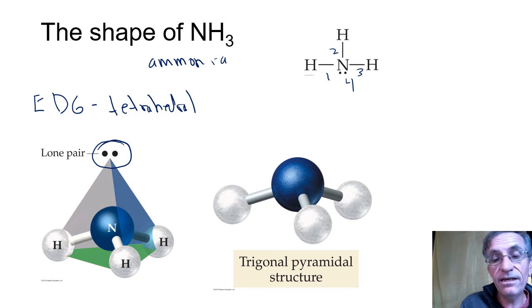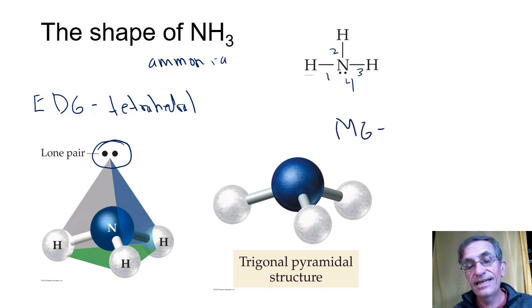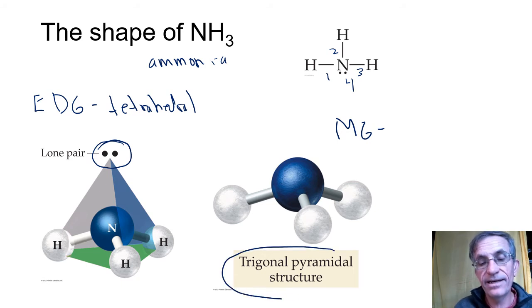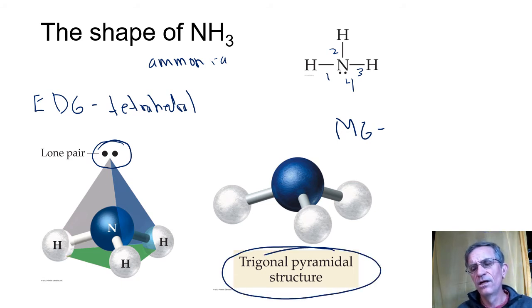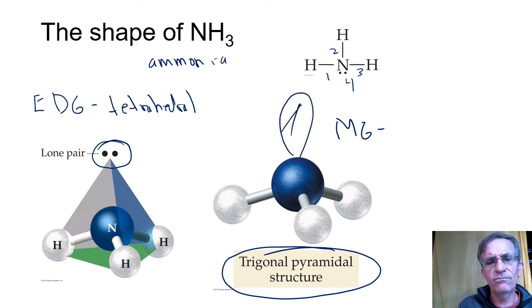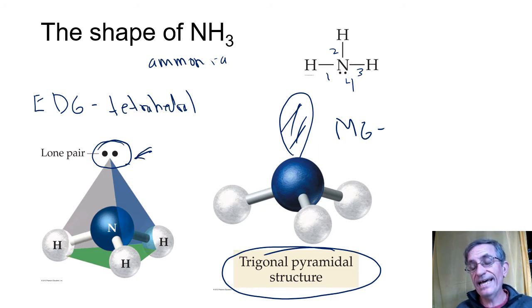The molecular geometry, which is what we call the shape the atoms are making, is called trigonal pyramidal. Trigonal pyramidal. So the 4th corner of the pyramid is a lone pair. That's why it has a different name. So there would be a lone pair up here. Well, you can see it in this diagram right over here, can't you? The atoms are making what looks kind of like a short pyramid.